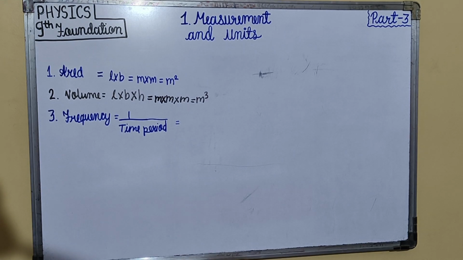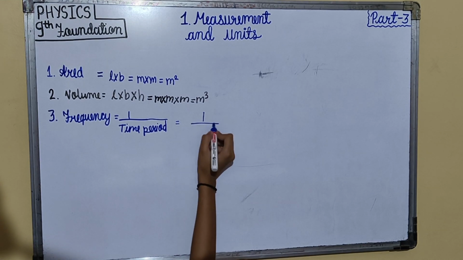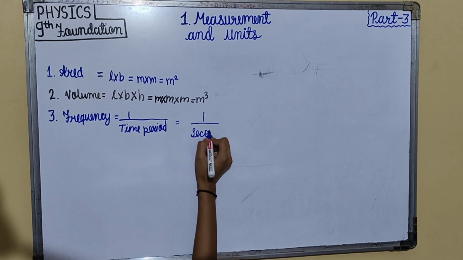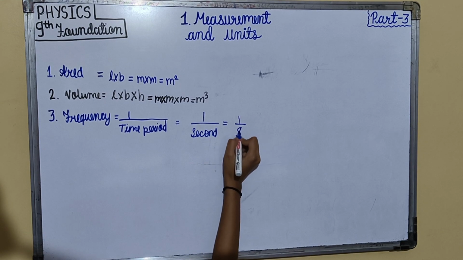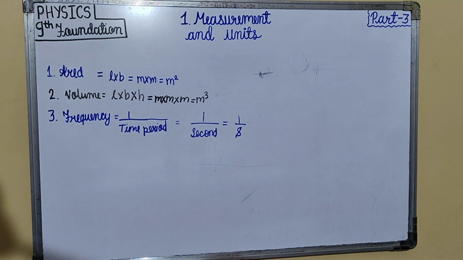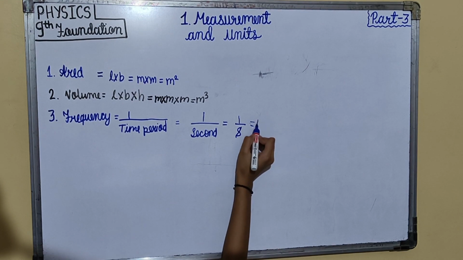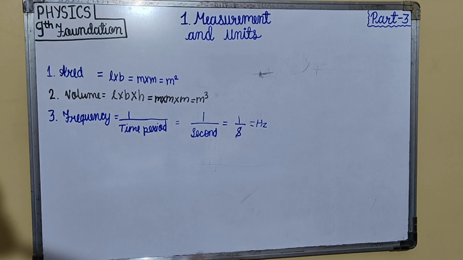That is 1 upon second, and the unit is 1 upon second, or that is hertz. So hertz, Hz, is the unit of frequency, and its formula is 1 upon time period.